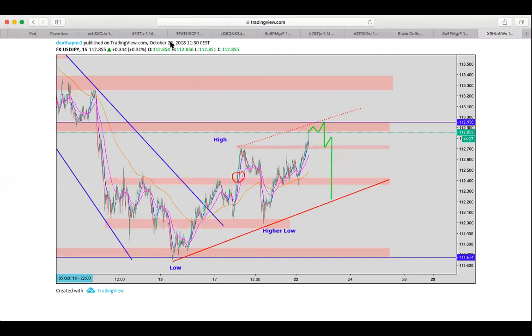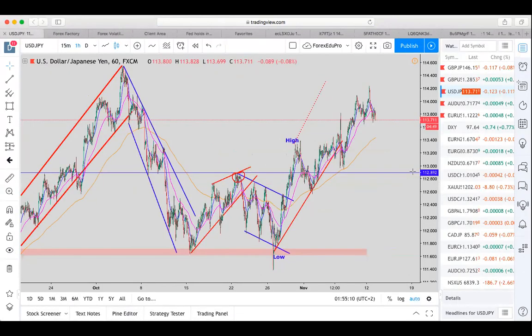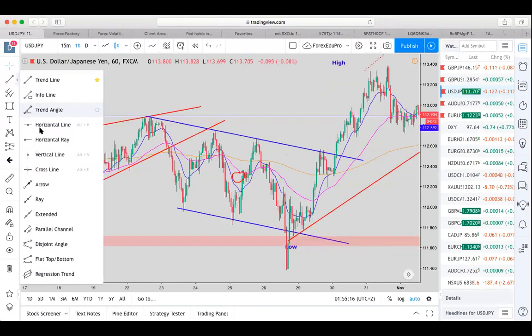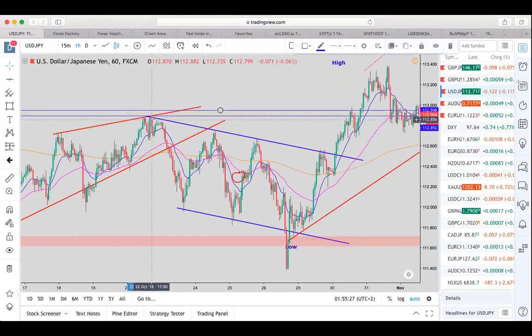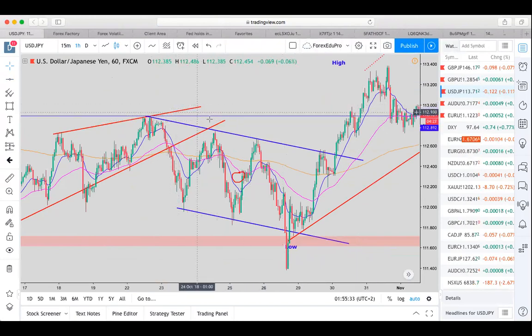USD JPY, 22nd of October, 112.950. We took it from over there. It didn't exactly go up to 112.950, but it was readjusted to 112.89, 112.9. We took it after the second hit over there, all the way down.